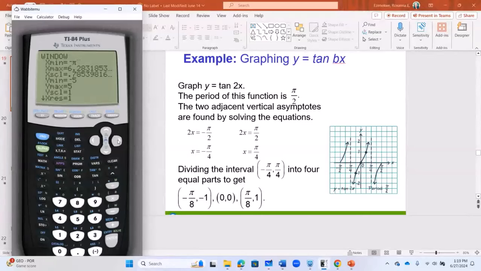So second, caret, and then 2 pi, caret, and this is still pi over 4, so no problem. I'm going to use negative 2 to 2 in my y. Remember that the mode has to be in radian also. I'm going to go ahead and graph.